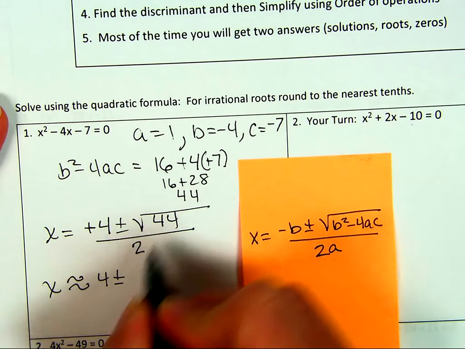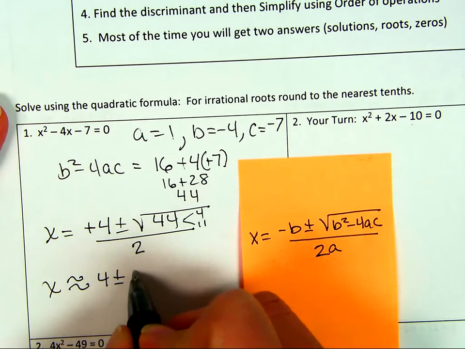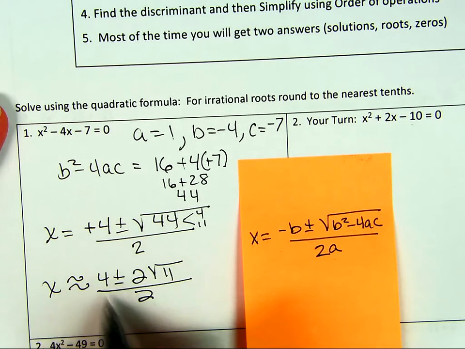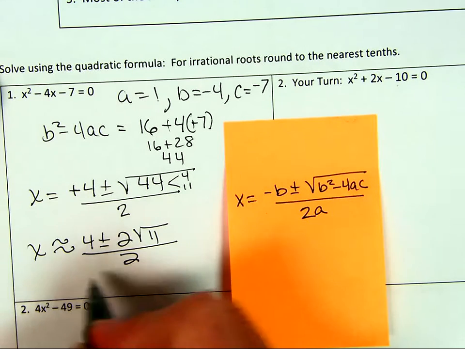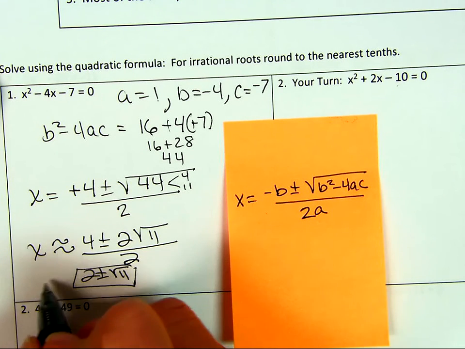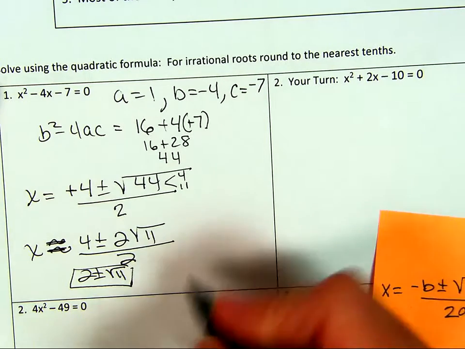So the square root of 44 is the square root of 4 times 11. The square root of 4 is 2, so that's 2 square roots of 11 over 2. Then I could reduce by 2 all of those, and I could get 2 plus or minus the square root of 11. Those would be my answers. My approximation comes in when I put that in my calculator.